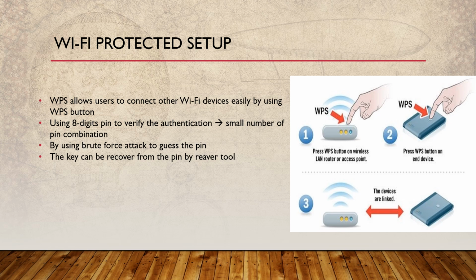Authentication is done using an 8-digit long PIN. This means that there is a relatively small number of PIN combinations, and using brute force we can get the PIN in less than 10 hours. A tool called Reaver can then recover the WPA and WPA version 2 key from the PIN.